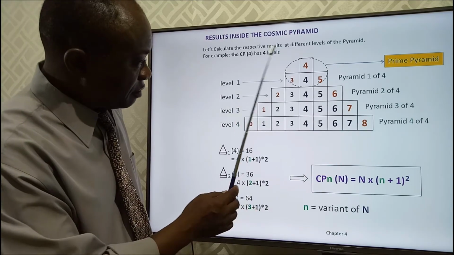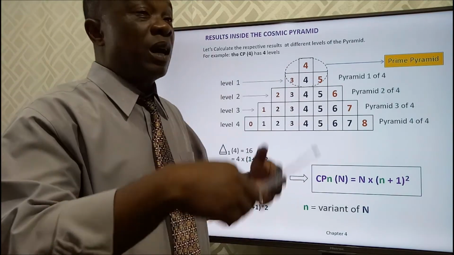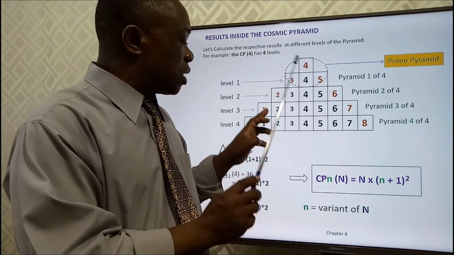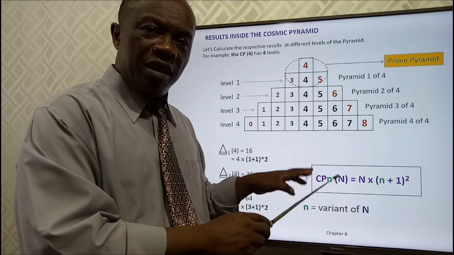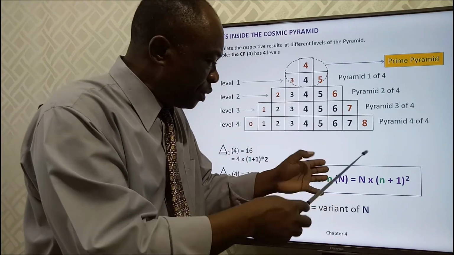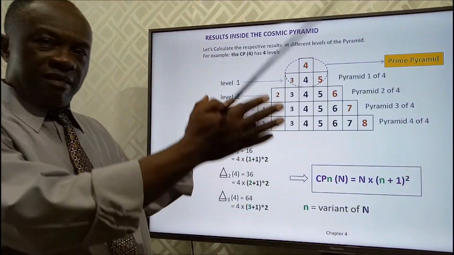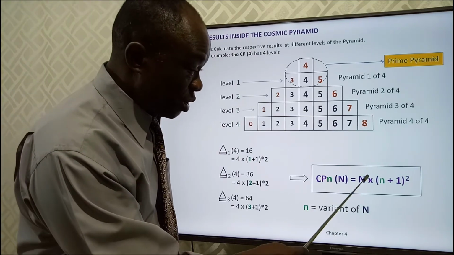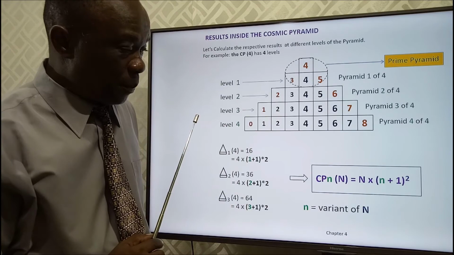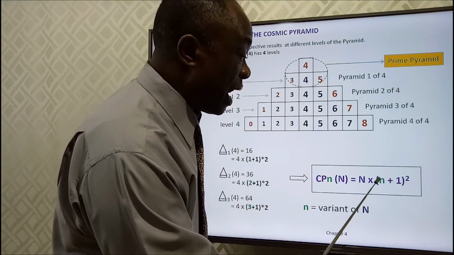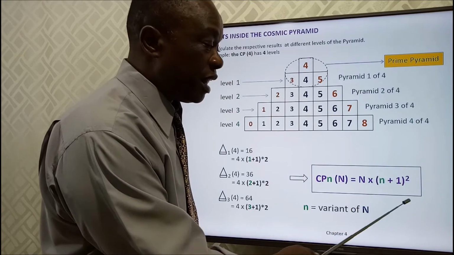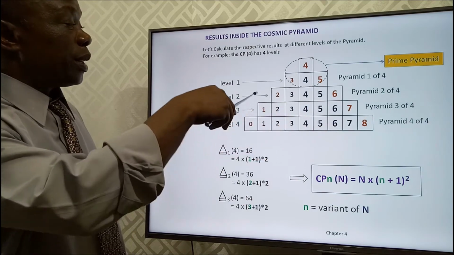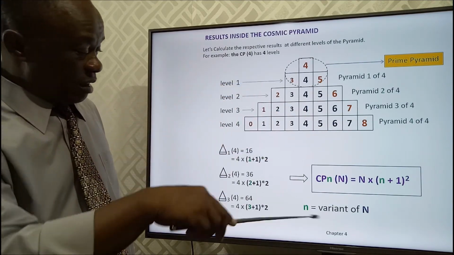So here, if you want to calculate now at any level, so you are calculating the cosmic pyramid of a certain level, of number 4, for example, at level 2. So what you have to do is, you have the master number, which is 4, for example, multiplied by the level number, which is 2, then plus 1 squared. So you can know all of that, the energy.